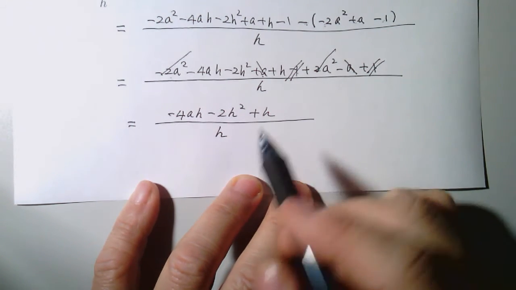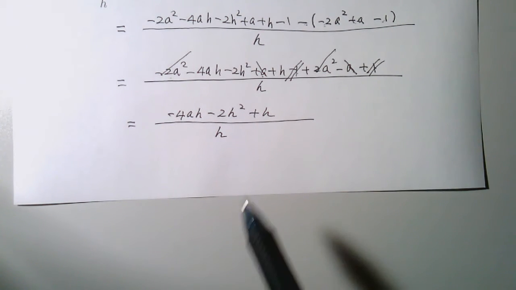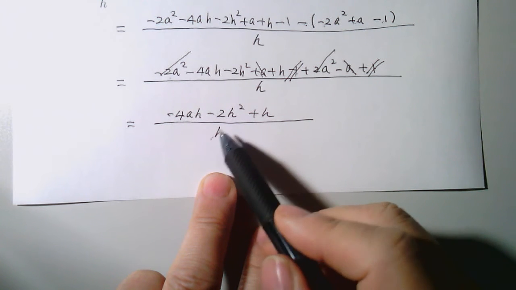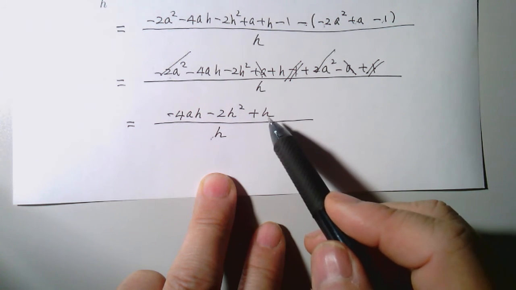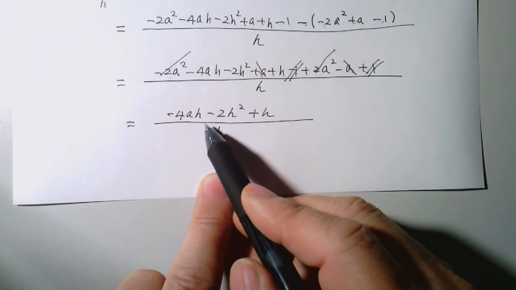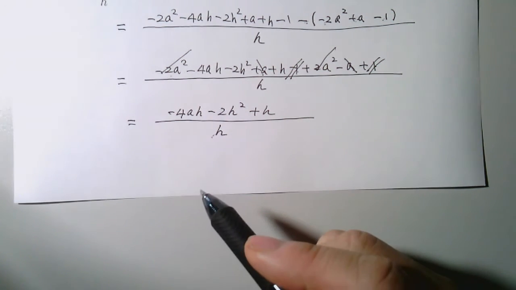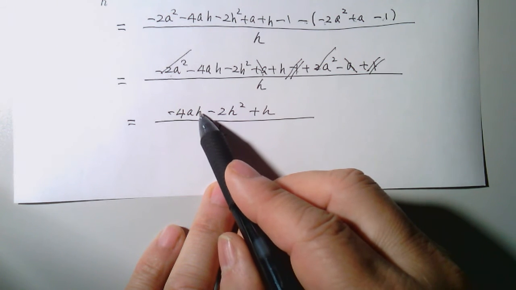Now, this is another common mistake people always make. They say, oh, look here, can I reduce this h with this h? Can you reduce this h with this h or with this h? The answer is no, you cannot reduce the h with one of them.